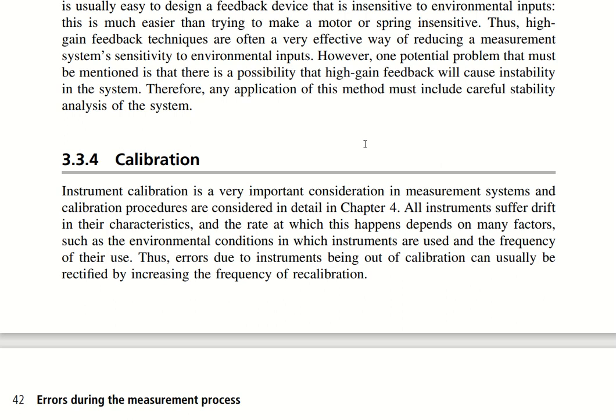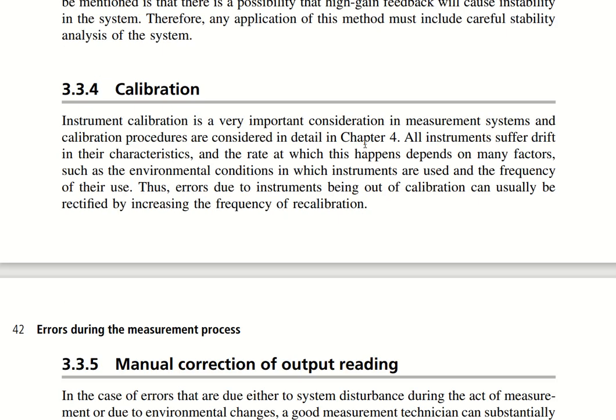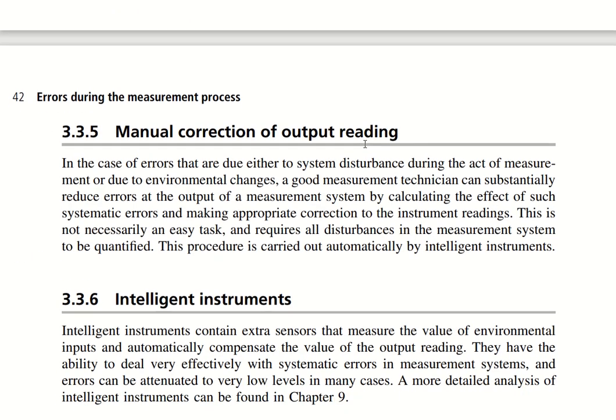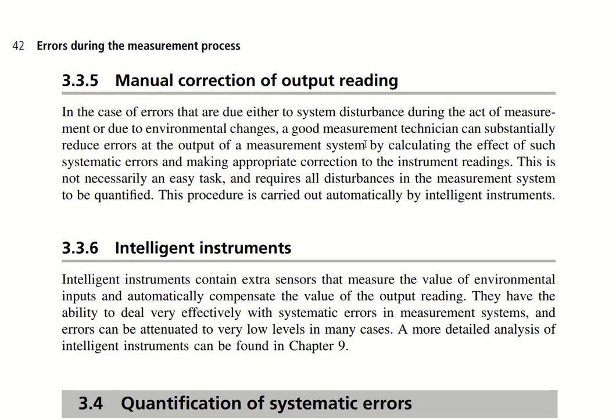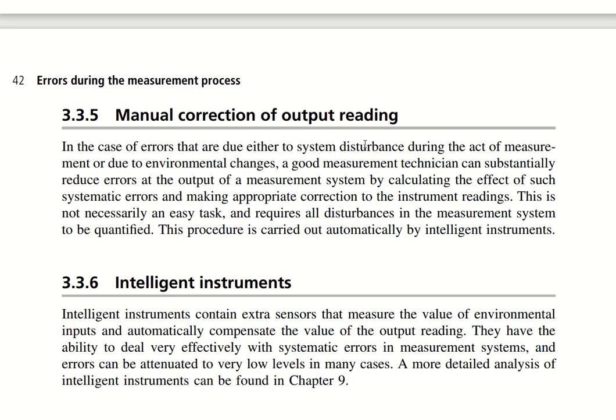So errors due to instruments being out of calibration can usually be rectified by increasing the frequency of recalibration. So you can recalibrate your measurement again and again in order to make it better.